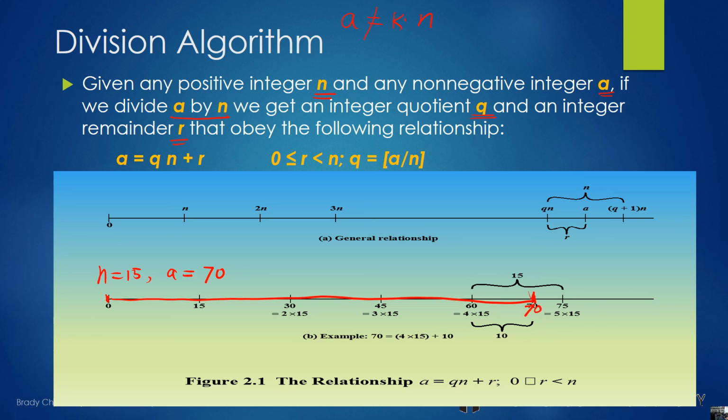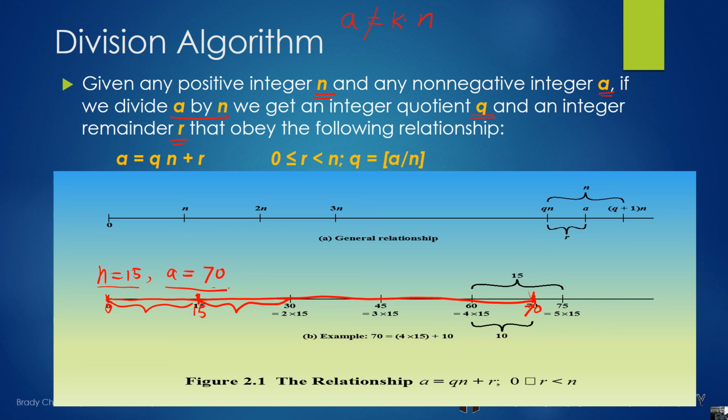If we divide 70 by 15, we can visually, using this diagram, cut the 70 into smaller pieces of 15 each. So that's 15, and that's another 15. When we start from 0, we end up at 15.